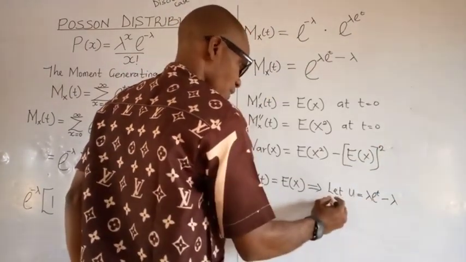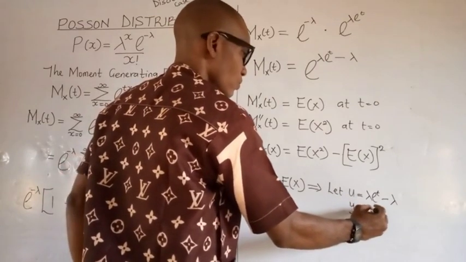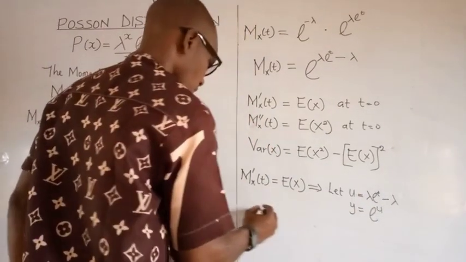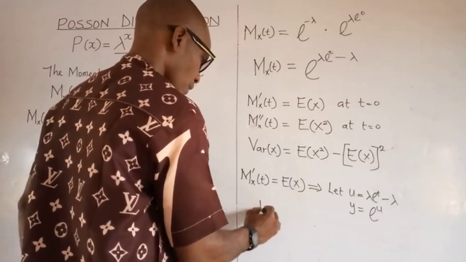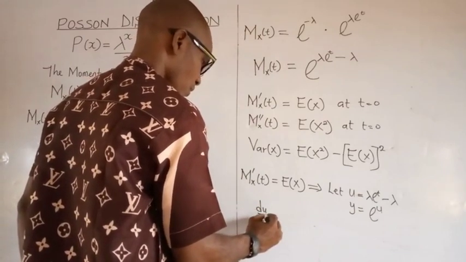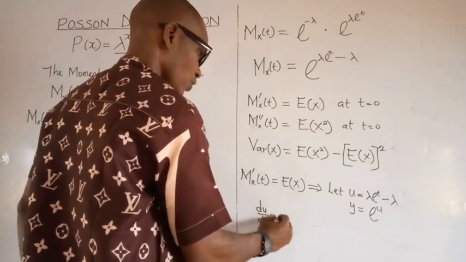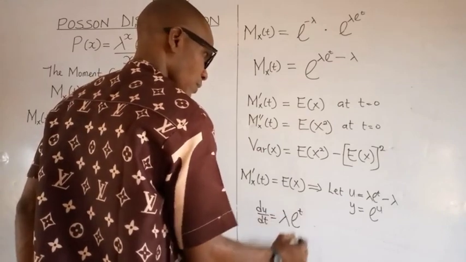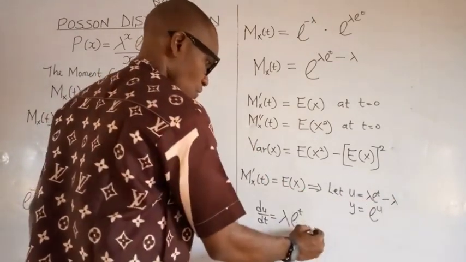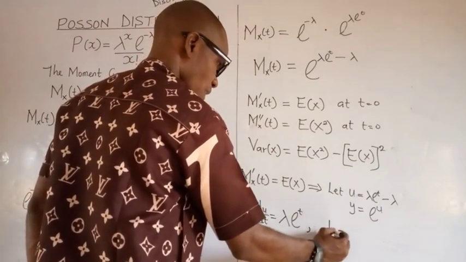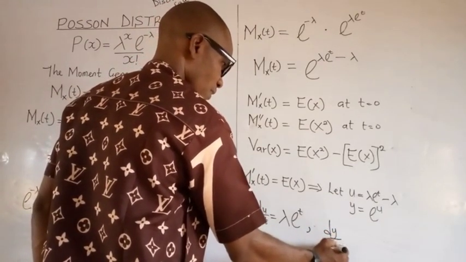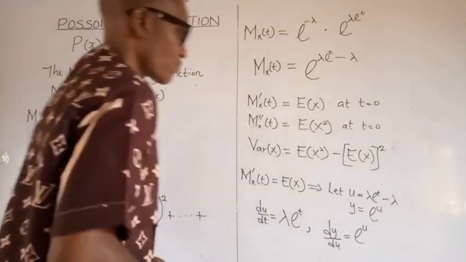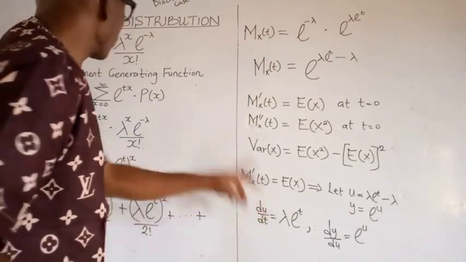So u is the whole of this, and y is equal to e^u. So when we have this, we now say du/dt, we differentiate it with respect to t. If we differentiate this function, we get λ e^t minus 0. Also, if we differentiate this, dy/du, we get this same function, e raised to the power of u. So what we do is that we continue here.